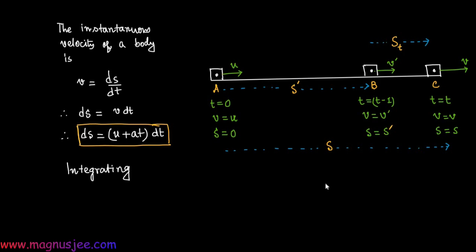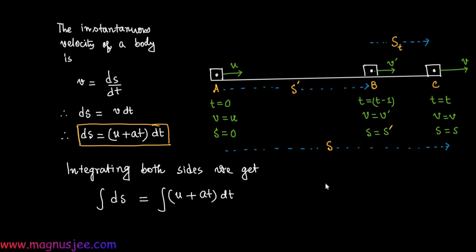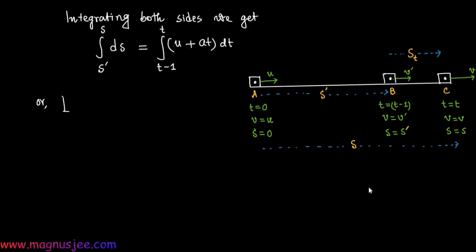Integrating both sides, we get integration ds is equal to integration (u plus at) dt. Integration of ds from s prime to s is equal to integration from t minus 1 to t of (u plus at) dt, or integration of u dt from t minus 1 to t plus integration of at dt from t minus 1 to t.